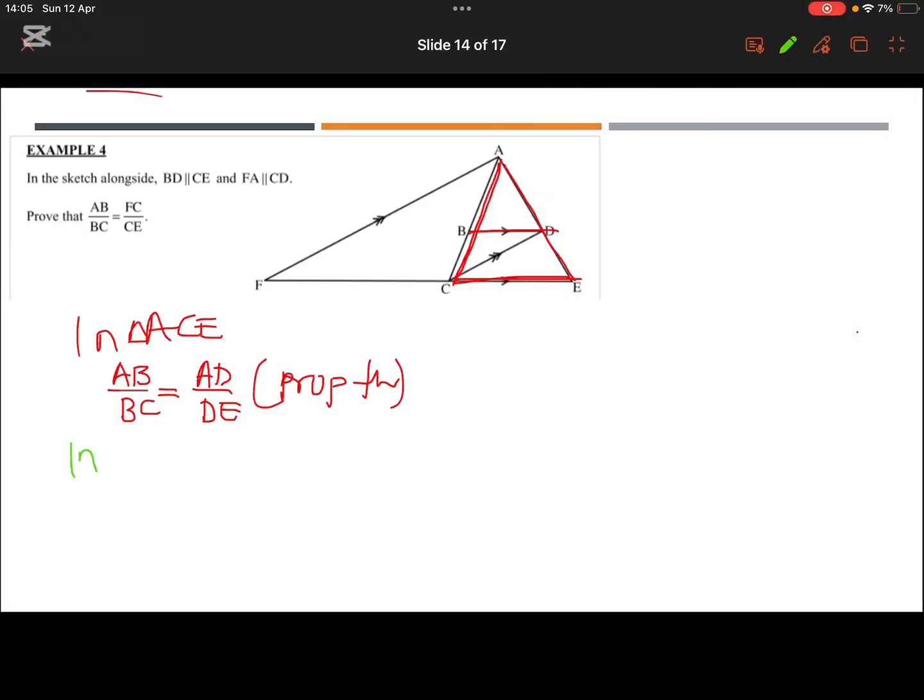So now let's take a look at triangle AFE. We're now talking about this green triangle.